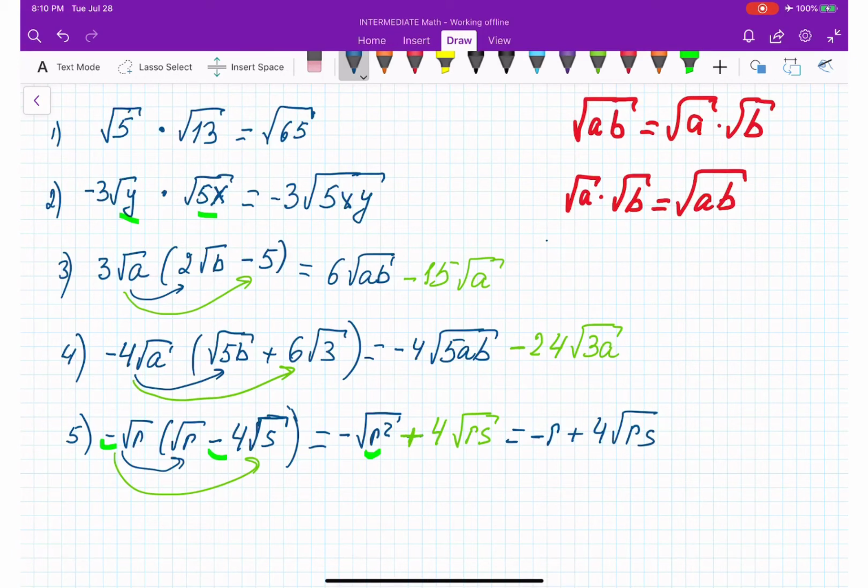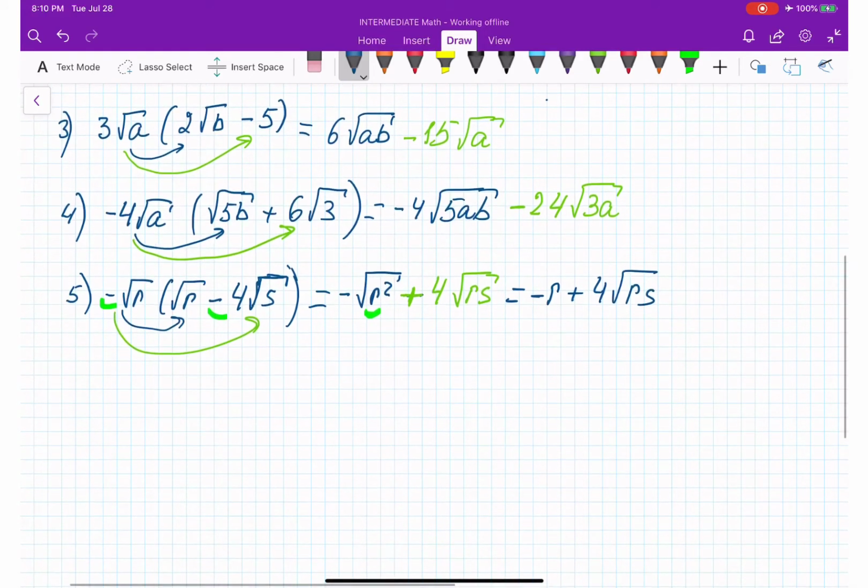Okay, next one. It's going to be number 6. 6 square root x times 6 square root 5 minus 3 square root x.